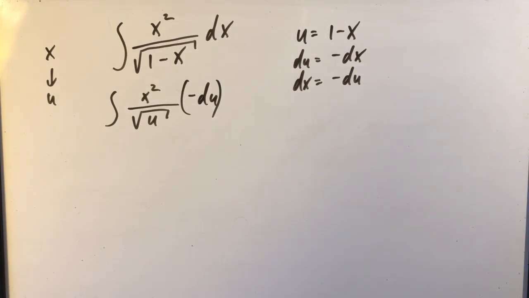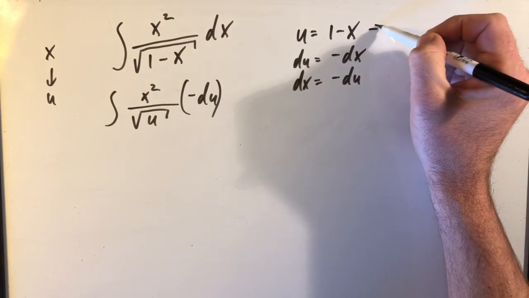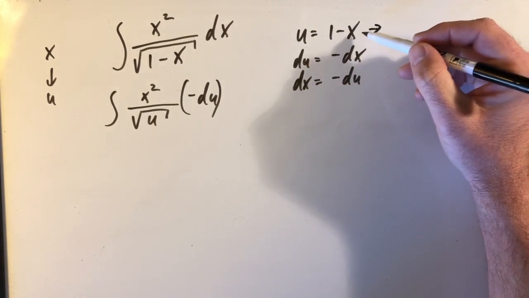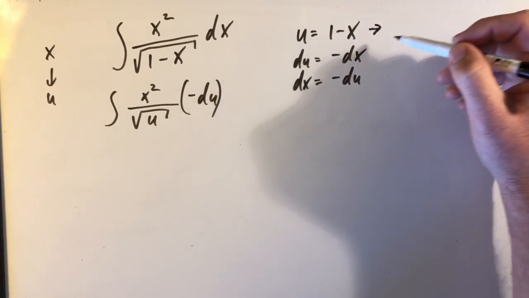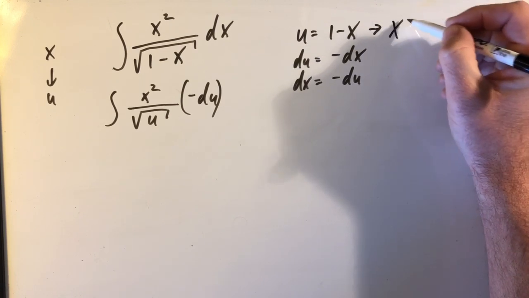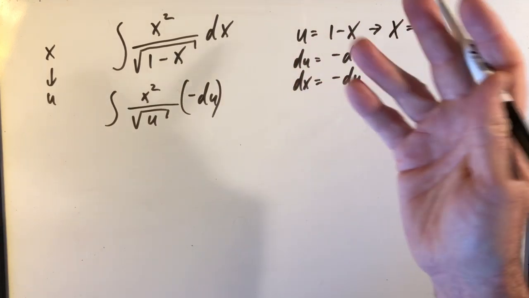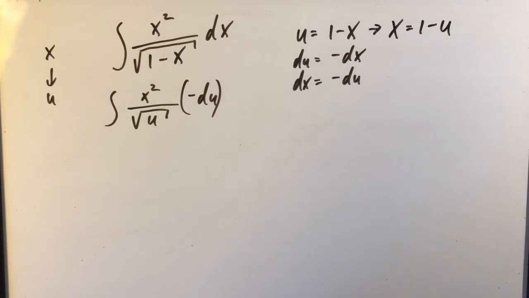So nothing cancels. I still have an x squared there, which is bad. I can't do anything about that. But if I take this definition up here and I say, okay, well, what does x equal in terms of u? So in that case, my x is going to be equal, you can see how they'll swap around, 1 minus u.